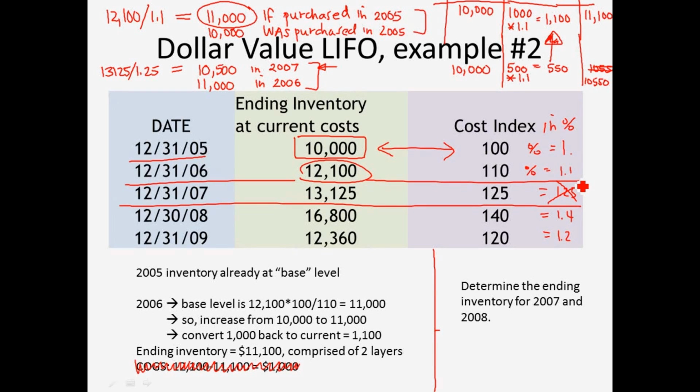I can't retroactively go back and say, can you just give me the prices from last year and I'll use those? No. Otherwise, I wouldn't worry about prices changing. So you need to understand why there's not going to be a layer at the 1.25 level. We're done with 2007, it's just disappearing from our books. Okay, so with that in mind, I want you to take 2008 and give it a try.